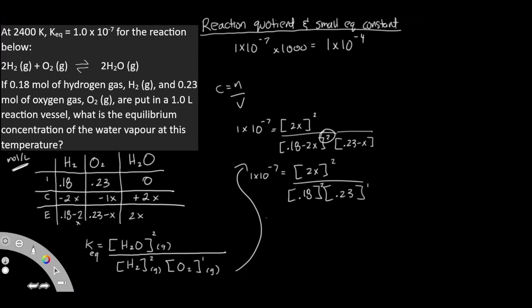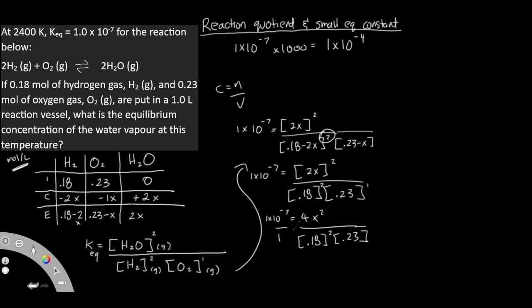So now all we need to do is continue to bring it down. So 2 squared gives you 4x squared, obviously. Continue it, so we get 0.18 squared multiplied by 0.23. That's it. Obviously this is technically over 1, because if there's nothing on the bottom, we just assume that there's 1.